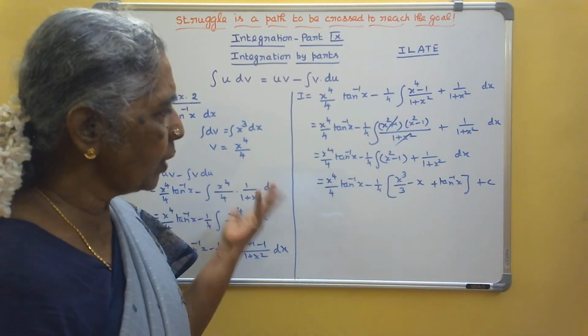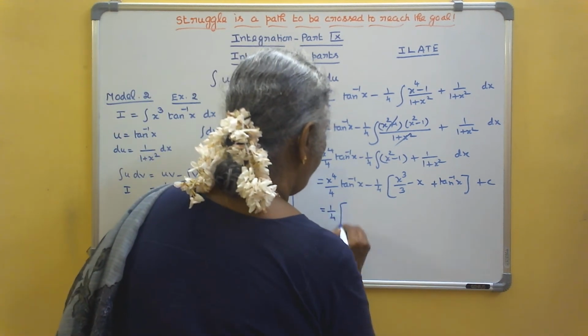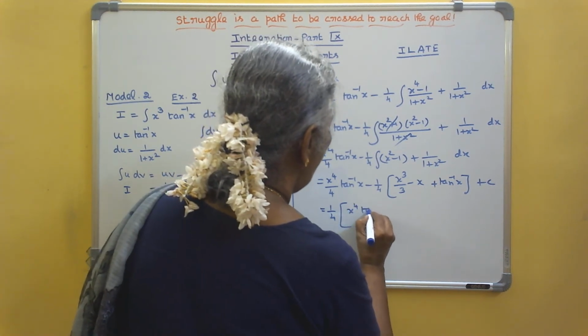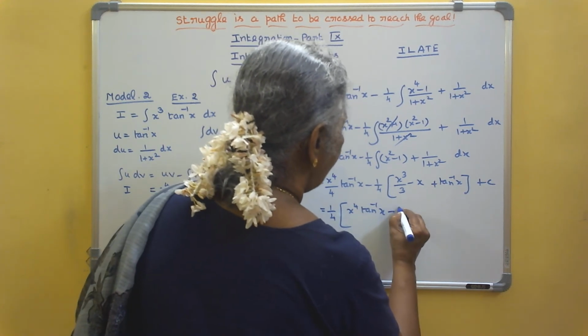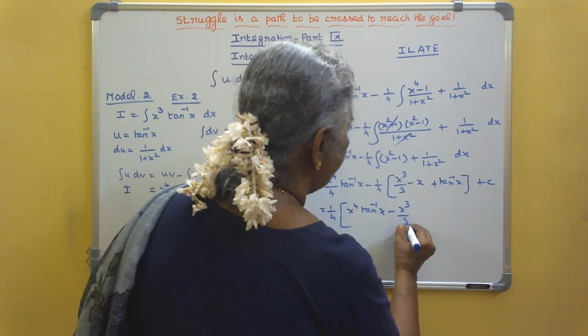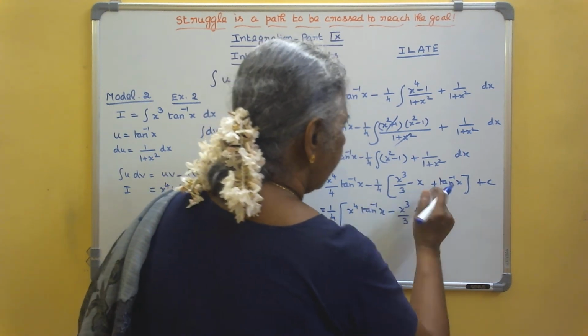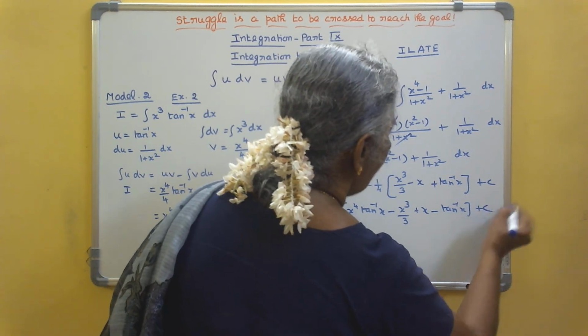Of course 1 by 4 is common for everything. So now let me take the 1 by 4 common for the total thing. So I will get here x power 4 tan inverse x. Then minus I will get x cube by 3. Then here I will get plus x. Okay. Then here I will get minus tan inverse x plus c.